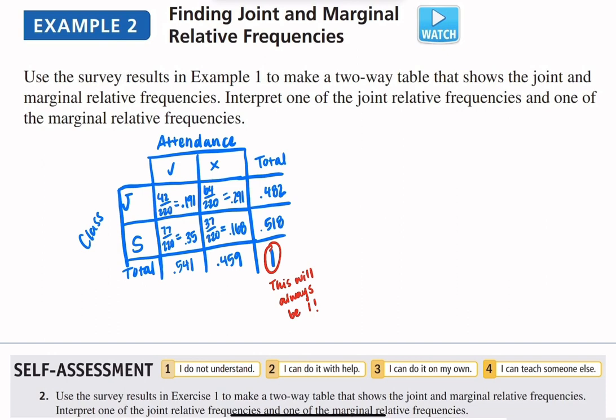Okay, and then interpret one of the joint relative frequencies and one of the marginal relative frequencies. So for one of the joint relative frequencies, I'll use pink. We'll just do this first one.